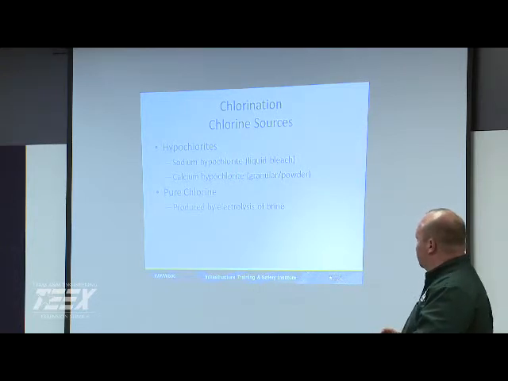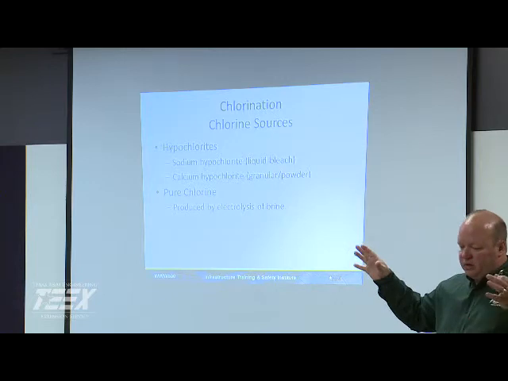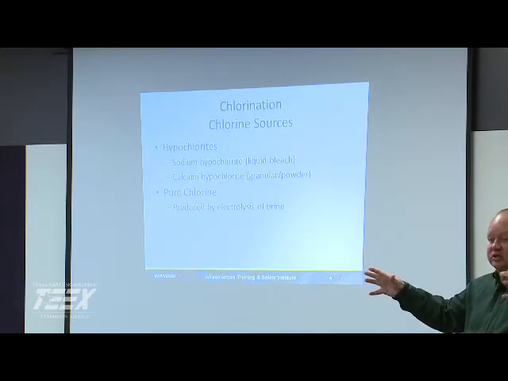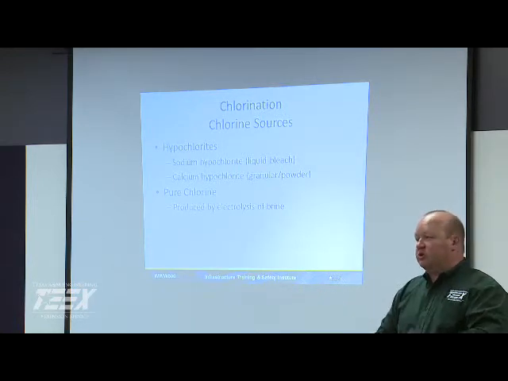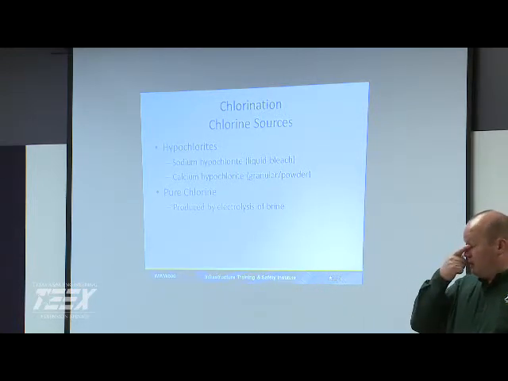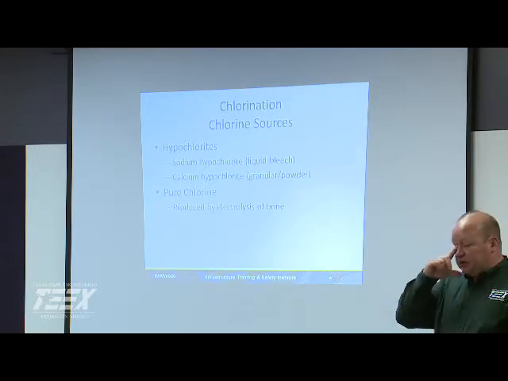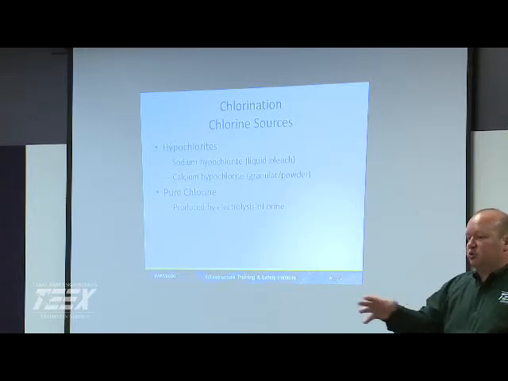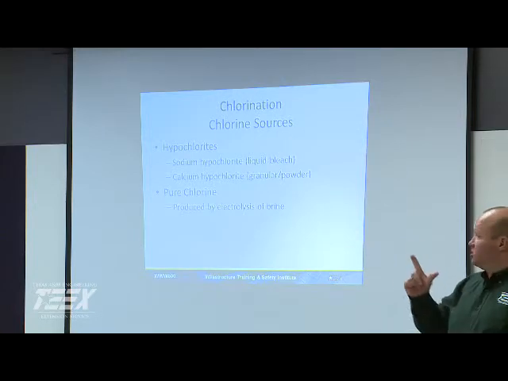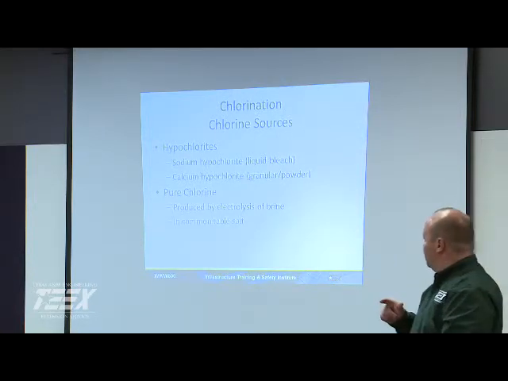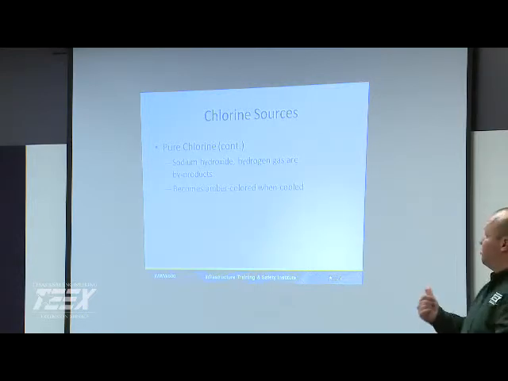So when they're doing electrolysis, one of the things we talked about a little bit yesterday, they had some of those container units down in the Virgin Islands that they had shipped in, and they were doing on-site generation. One of the big important components is that it's got to be a cooled area and properly ventilated, because at higher temperatures, instead of producing sodium hypochlorite, you're producing pure chlorine gas, and you're producing hydrogen gas, which is explosive.